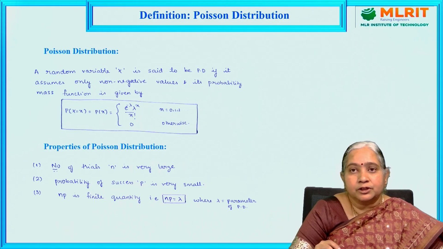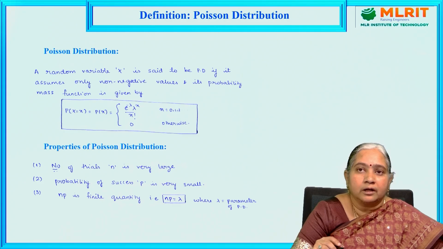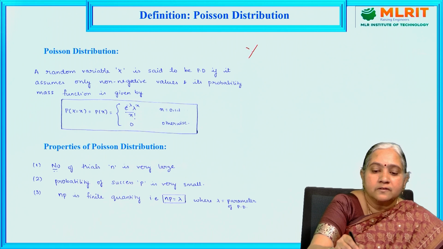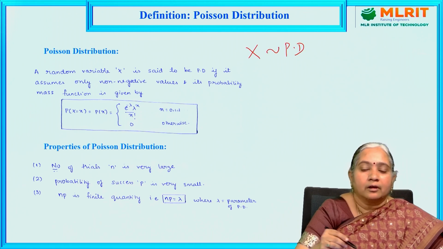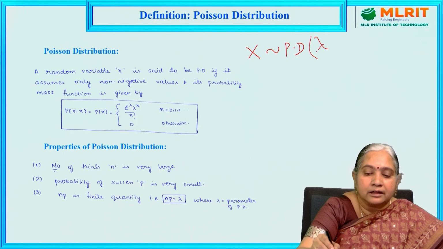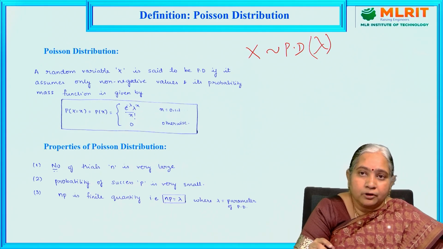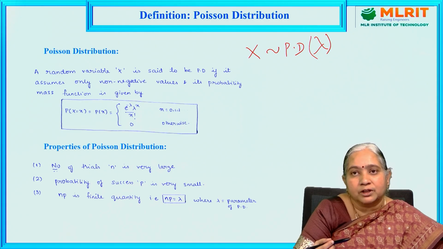The next distribution is Poisson distribution. This is also a discrete distribution. That means here the random variable capital X follows Poisson distribution with the parameter lambda. Before knowing that lambda, what is the probability mass function of Poisson distribution?